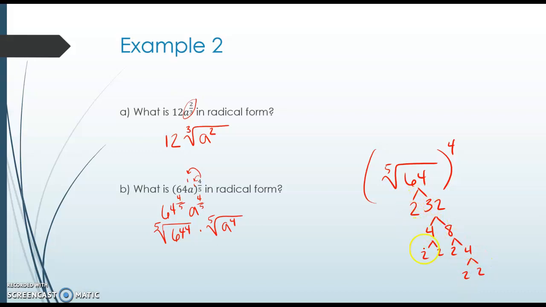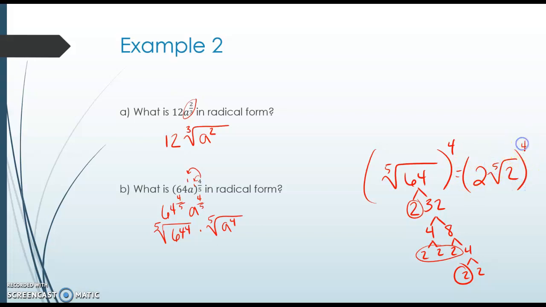So we have a whole bunch of 2's. Because remember, we're just looking at where they no longer branch off. We want a fifth root. So 1, 2, 3, 4, 5. So we have 5 2's that come to the outside. So that's going to equal 2 to the fifth root of 2.